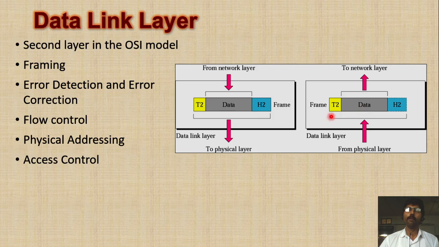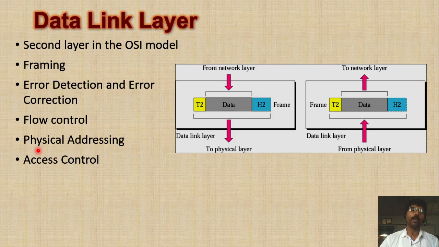The speed between these two must be the same. If the sender sends data at a higher frame rate, meaning it sends more frames and the receiver receives fewer frames, there is a possibility of some problems. So one more job of the data link layer is flow control.